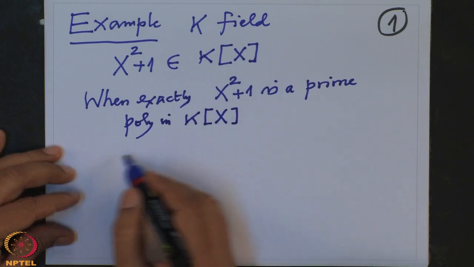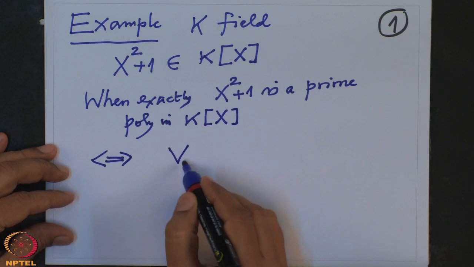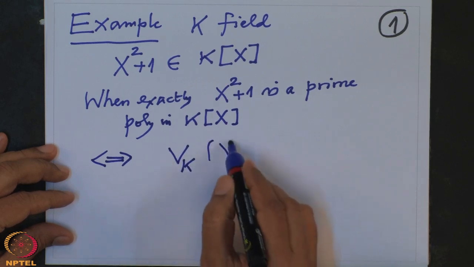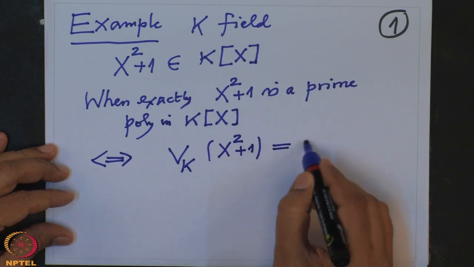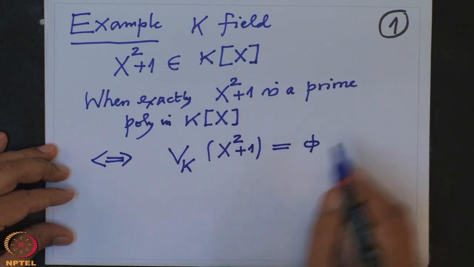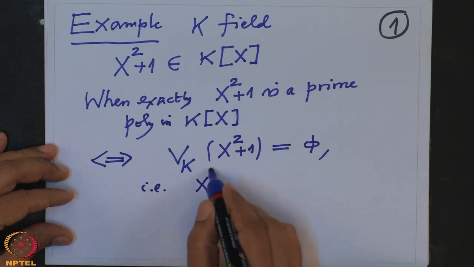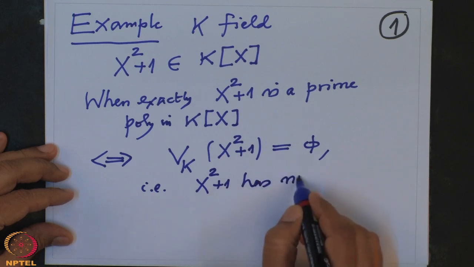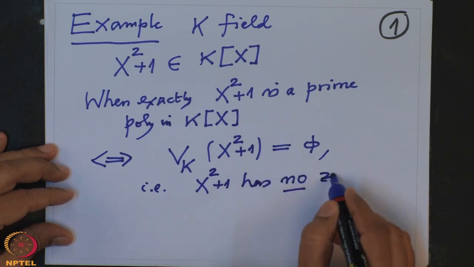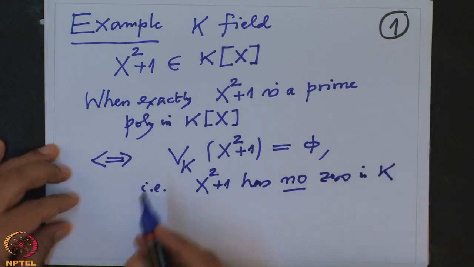This is equivalent to saying the set of zeros of this polynomial inside k is empty. So, this means x square plus 1 has no zero in k. This is what we want to analyze.